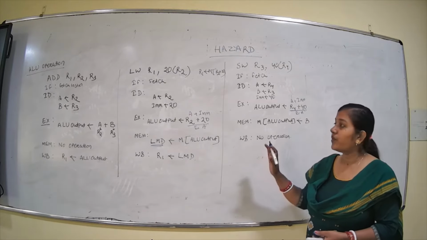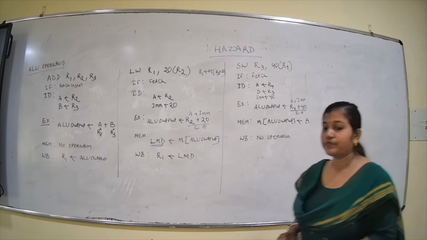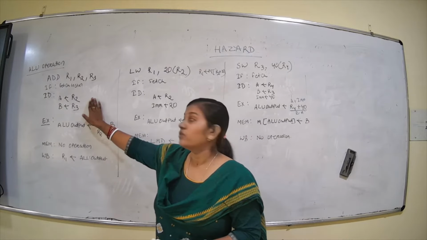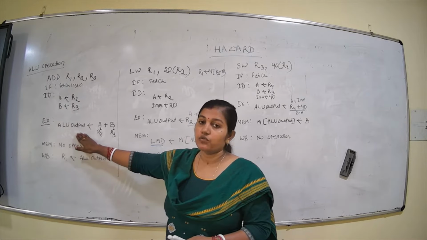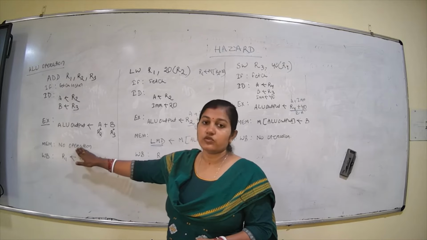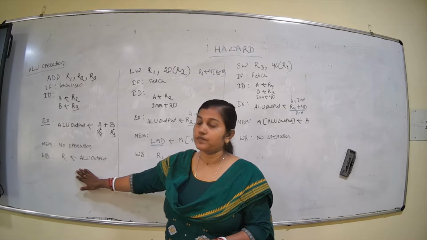So this is the brief detail regarding your instructions. Remember, for the ALU operation, at the ID stage we are reading the operands. In the execute stage, we are doing the ALU operation. In memory, there is no operation. At write back, you are writing into the registers.